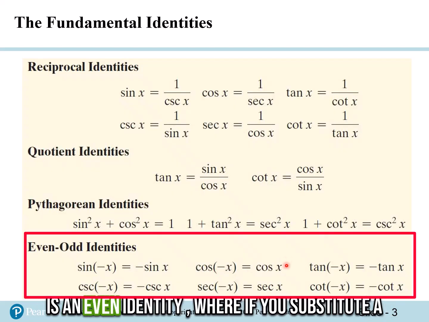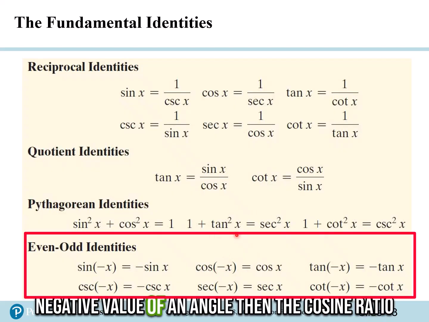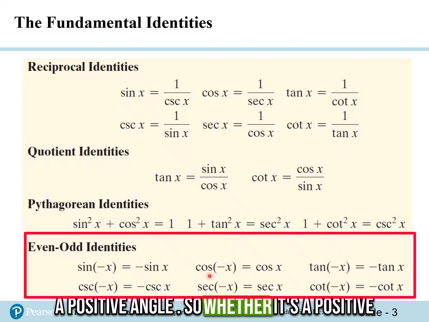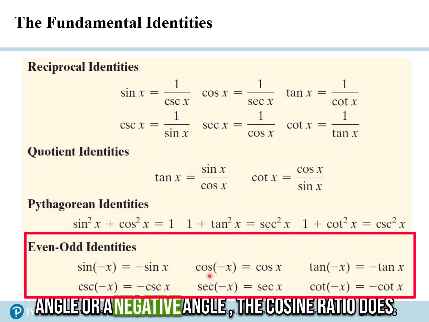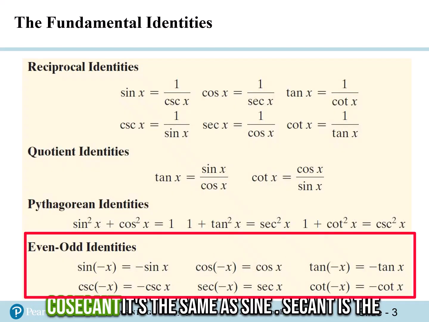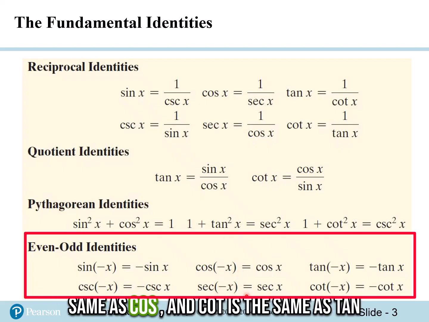Cos is an even function, where if you substitute a negative value of an angle, then the cosine ratio will not change from what it was when we used a positive angle. So whether it's a positive angle or a negative angle, the cosine ratio does not change. That's what an even function is. For cosecant, it's the same as sine. Secant is the same as cos, and cot is the same as tan.